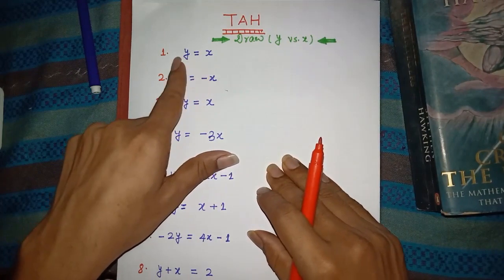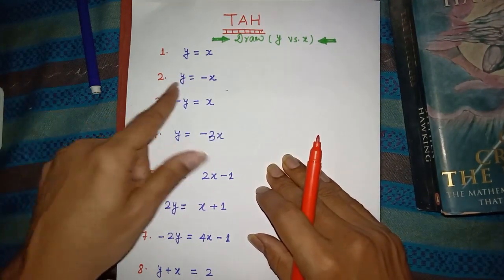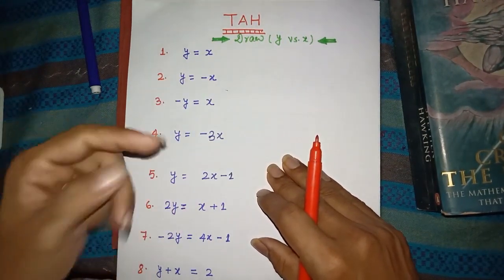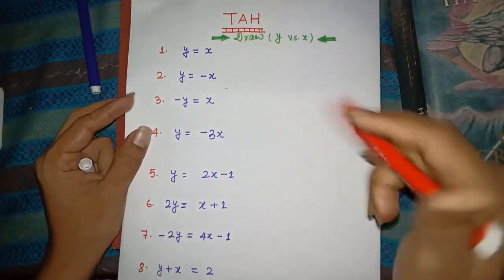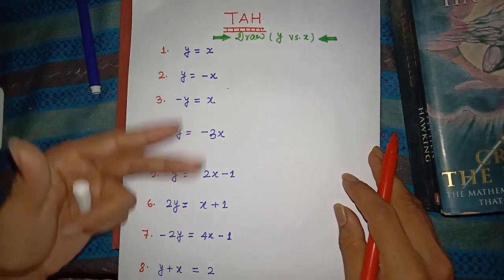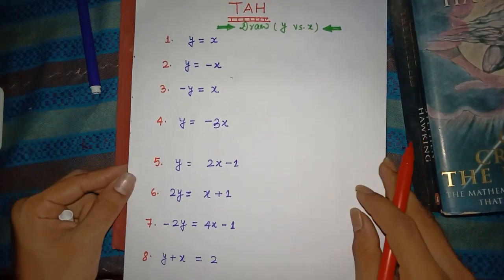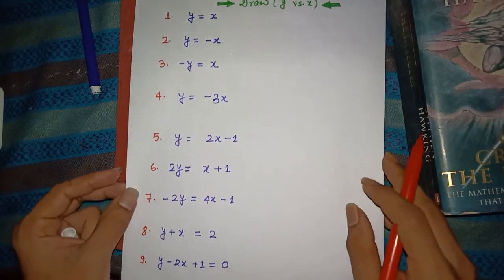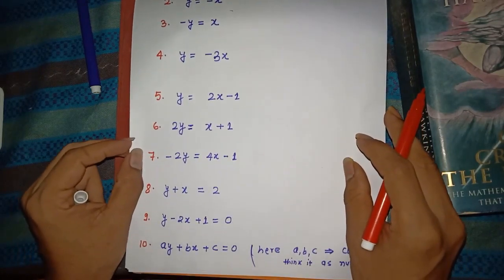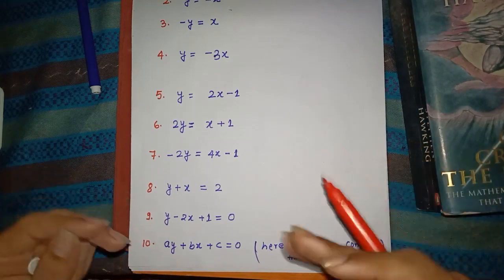Here y is equal to x, so they are equal, and here y is equal to minus x, that means y is the negative of x. This is also a relationship. There are many relationships. You have to draw all the graphs on your graph paper. If you face difficulty or have any doubt, you can comment on my YouTube channel.